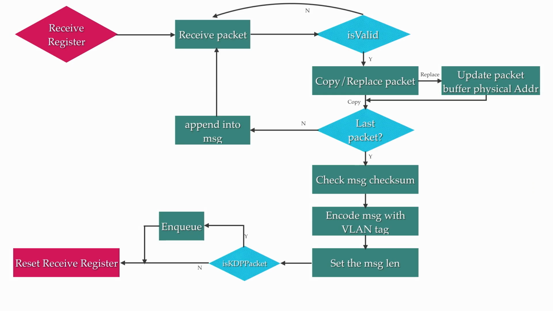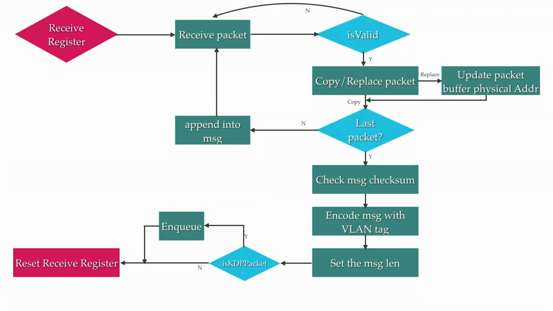Here is the main logic of the receive package function. When it finds the receive interrupt, it will retrieve the packet and check if it is valid. If yes, this function will copy or replace the packet with a new buffer object.